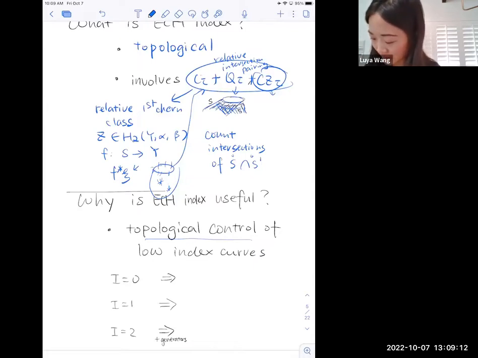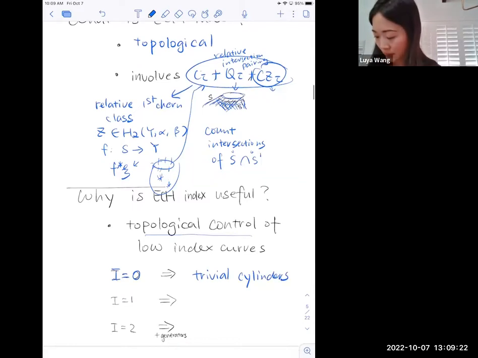When the ECH index is 0, we know our curve has to be a bunch of trivial cylinders. When the ECH index is 1, it's trivial cylinders with multiplicities.